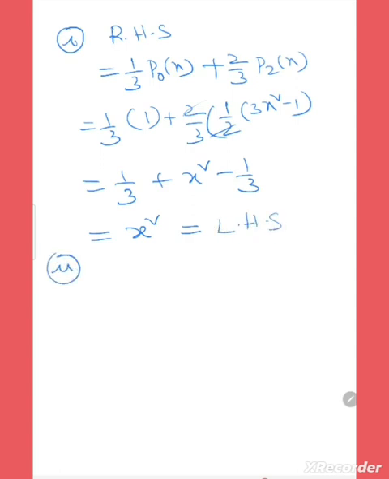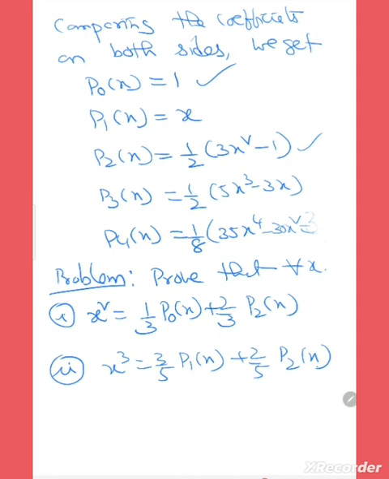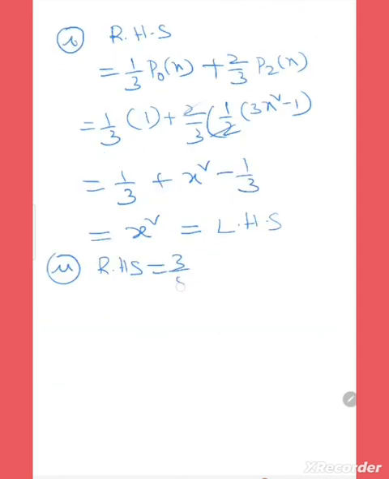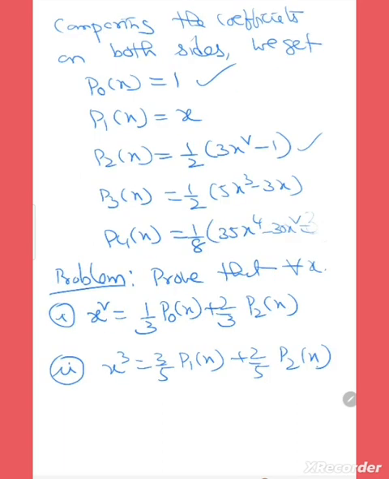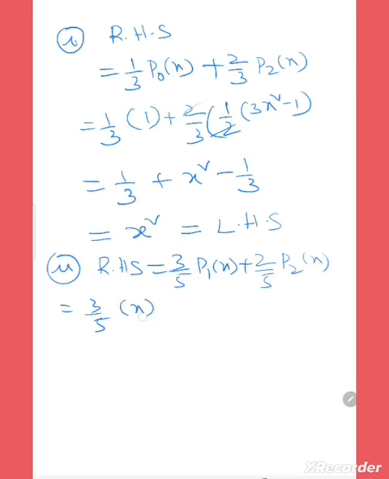Like that, the second RHS value. What is the second RHS value? The second RHS value is 3/5 of p1 of x plus 2/5 of p2 of x. So this equals 3/5 of p1 of x, where p1 of x is x, and 2/5 of p2 of x, where p2 of x is half of 3x square minus 1.